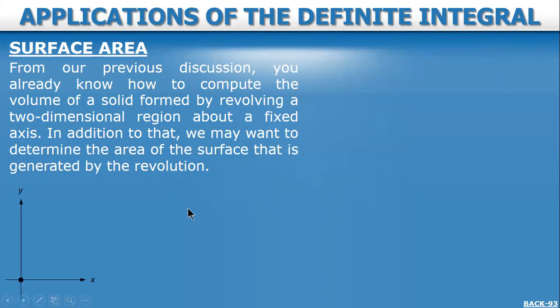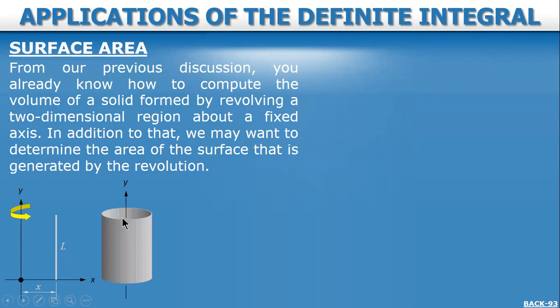So for example, you have this line. If you have this line with length L and distance x from the y-axis, when you revolve it about the y-axis, what we'll get is this one.